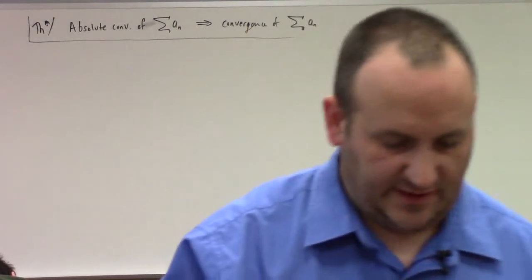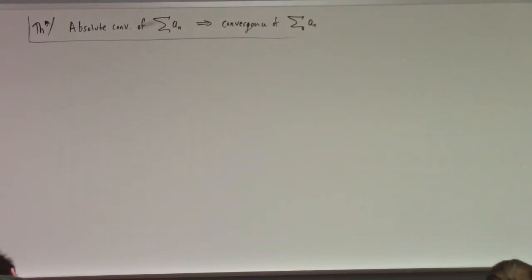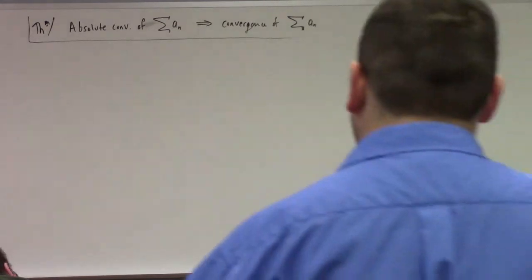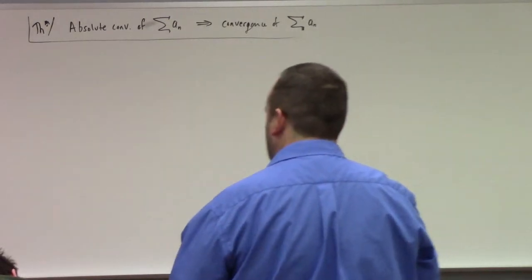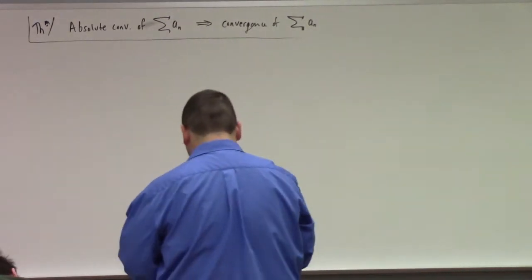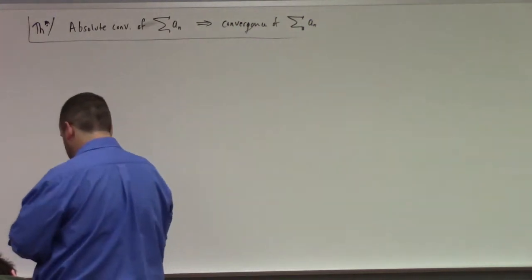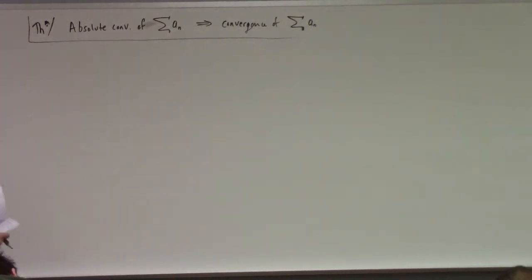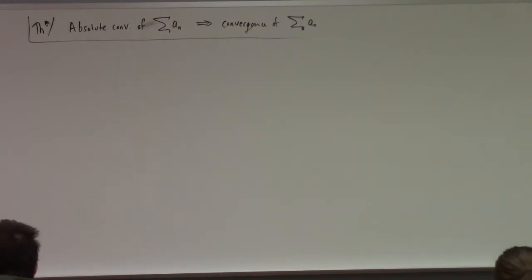The proof of this won't take us long. All right? Let's look at the proof of this theorem. So if this theorem is true, what does it tell us about example 1? Once we know this theorem, what can we say about example 1? S is a what? It's a convergent series, right?